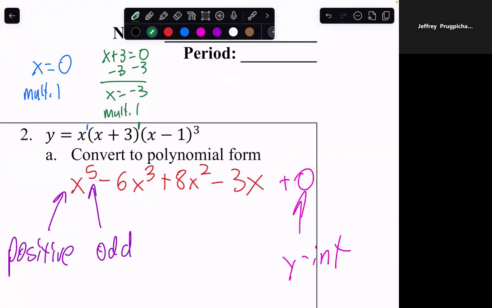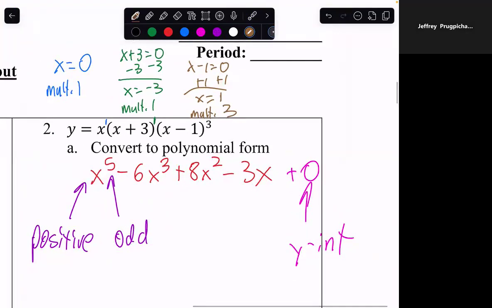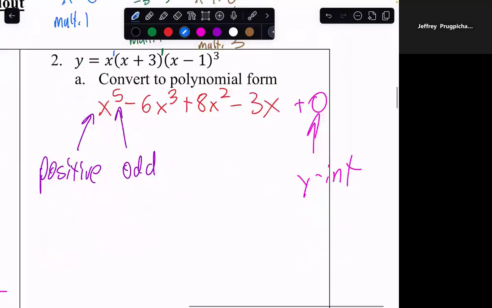And the last one, the factor of x minus 1, that leads to a root of x equals +1. And this one does have an exponent of 3, so the multiplicity of this root is 3. So the 3 roots: x equals 0, multiplicity 1; x equals -3, multiplicity 1; and x equals 1, multiplicity 3.